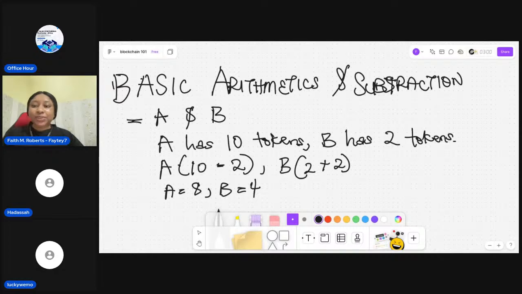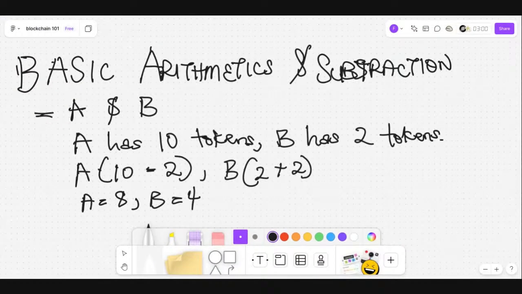When you're writing your smart contracts, when you are creating your logic, you have to be sure you are capturing this, because the smart contract is only as smart as the person building it. If your logic is faulty, your smart contract will be faulty and susceptible to vulnerabilities. So when you're writing your logic for your smart contract, you need to handle this properly.